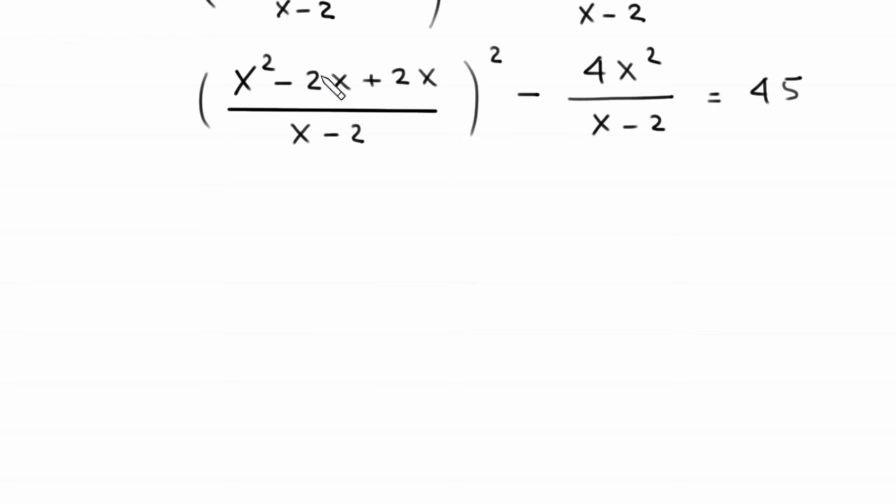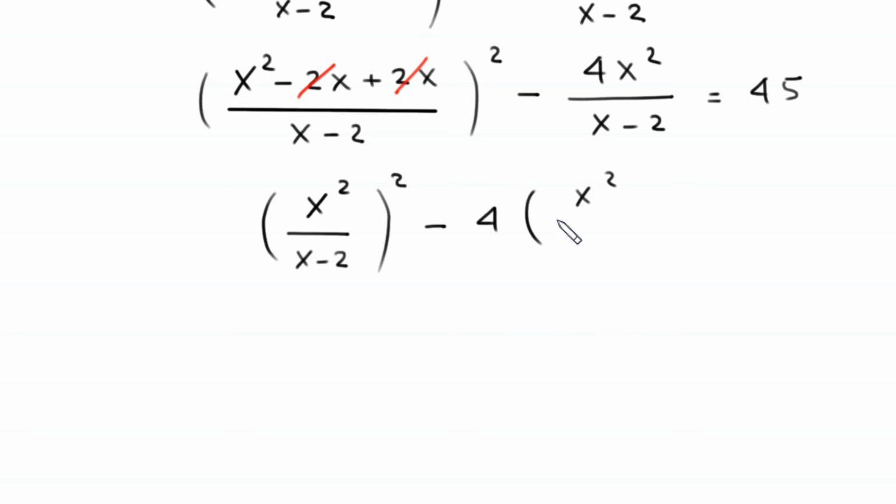Now this negative 2x will be cancelled out with this positive 2x. We are left with x squared divided by (x minus 2) whole squared minus this 4x squared over x minus 2 can be written as 4 times x squared divided by x minus 2 equal to 45.